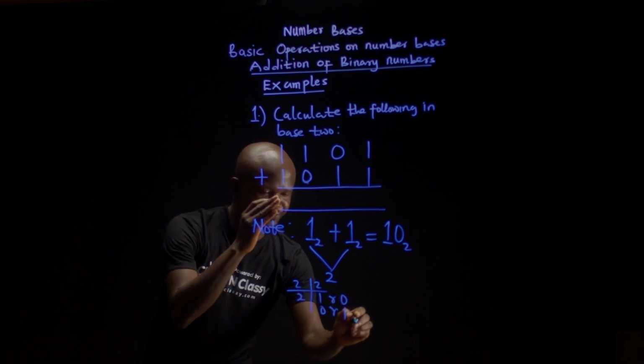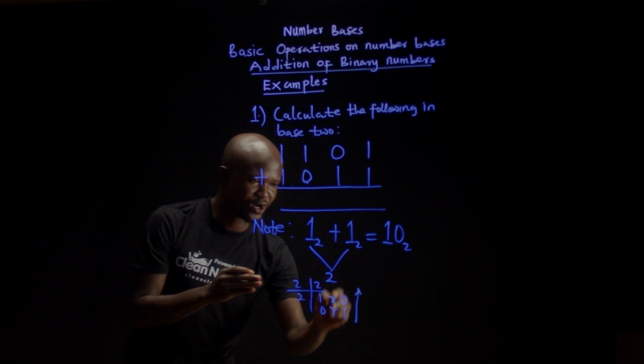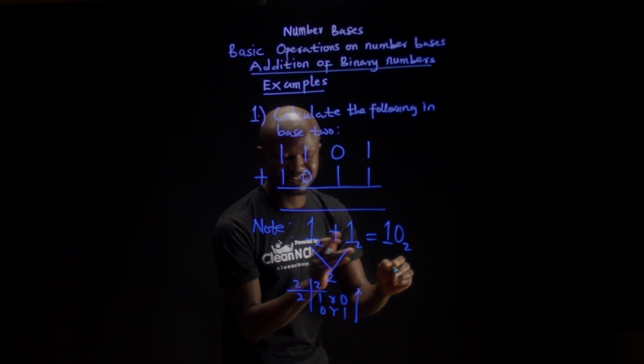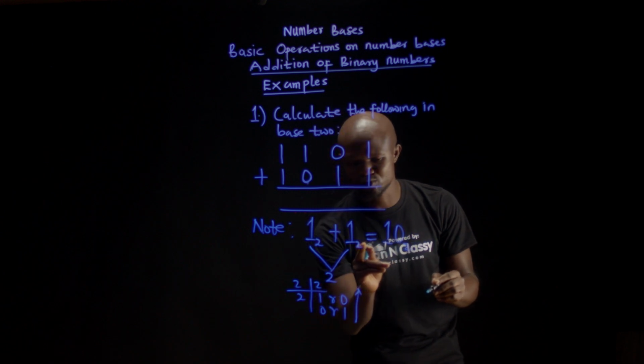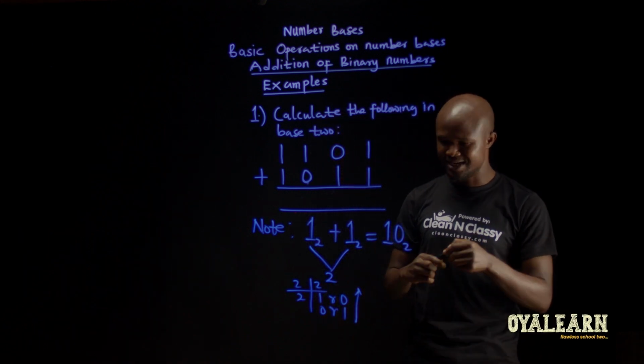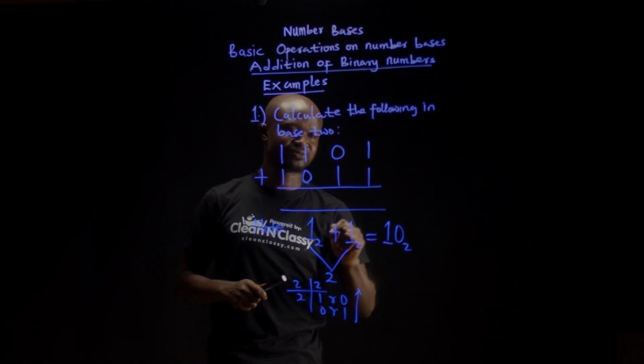Now, taking it from the bottom to the top, what will you have? 1, 0. You can see 1 base 2 plus 1 base 2 is equal to 1, 0 base 2. Take note of that.